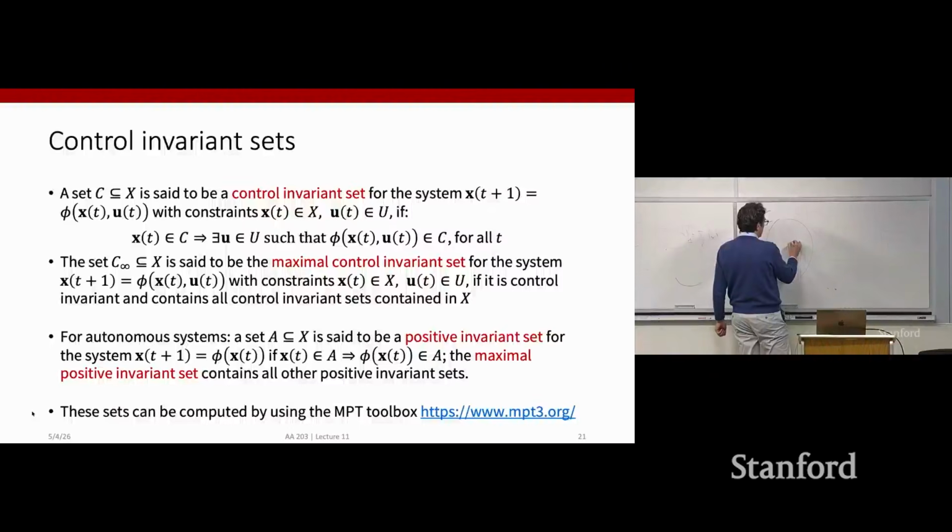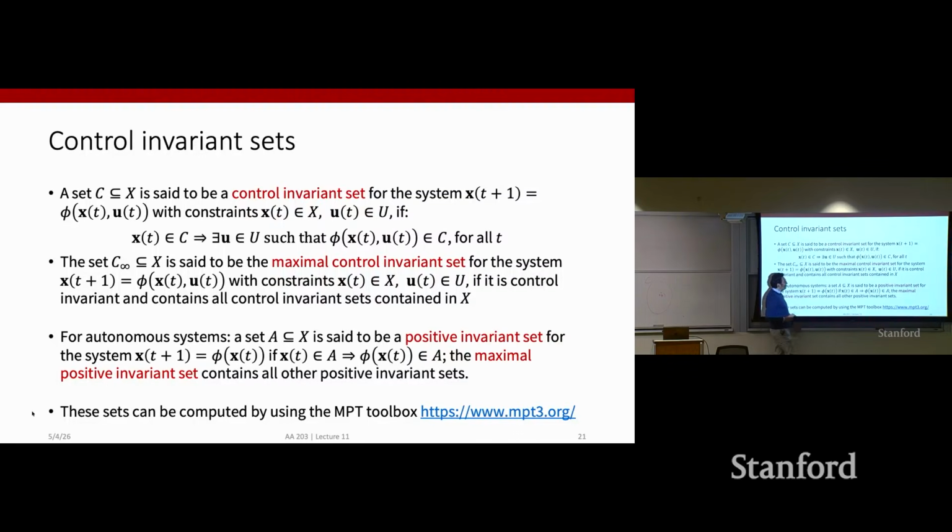if you start in C, so this is your state x of t, then there exists a control u such that under the state transition dynamics, you land in C. So if you start in C, think of C, say, as the safe set, the set of relative states where you are far enough from danger.